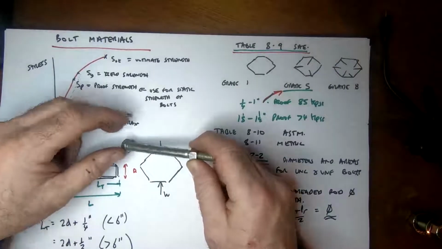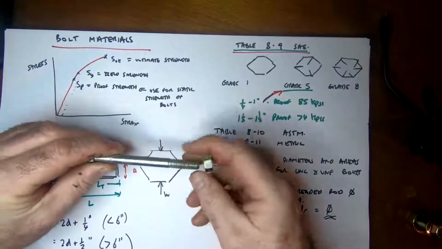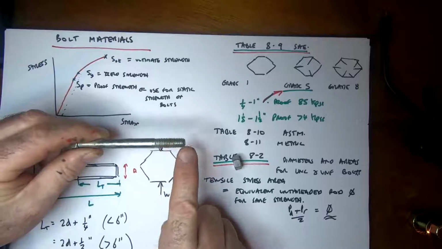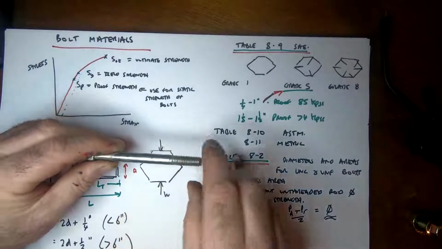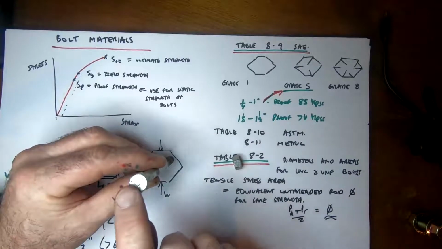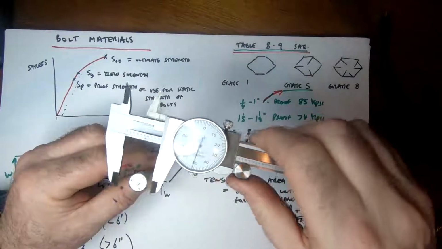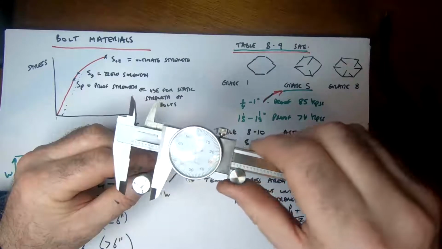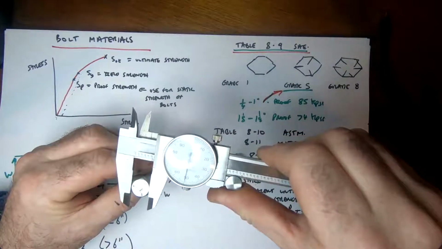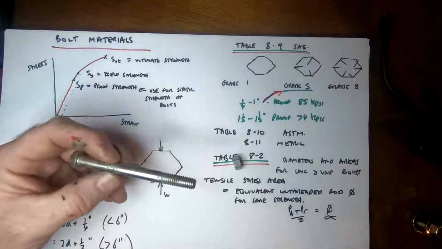So the threaded length of this bolt here, I'll take the nut off, you can see this length here is of the order of 1 inch. And that's a 3/8 bolt. And then if you measure the distance across the flats here, that would be 3/8 times 3/2, 1.5, gives me 9/16, which is what that is, about 0.55.